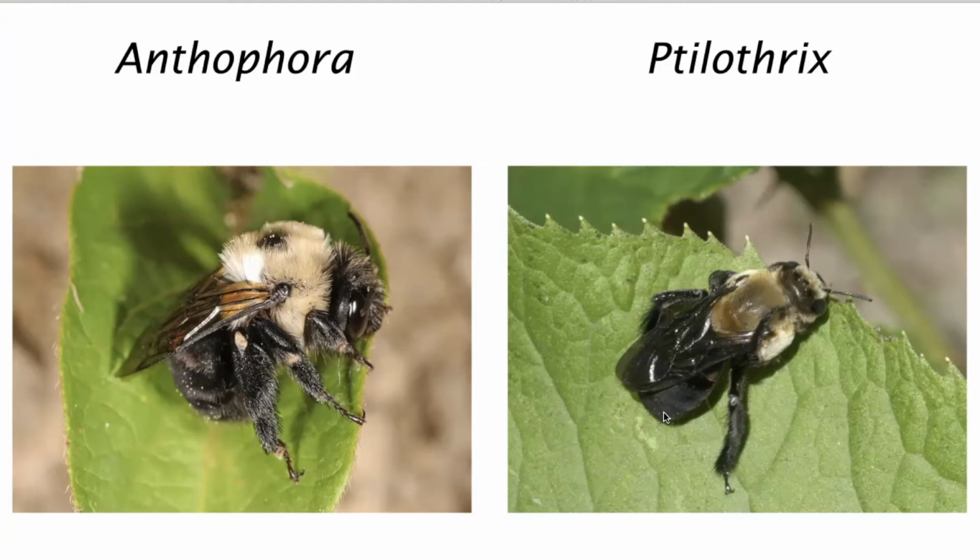But overall, you can see that they look really different. The hair on this is all over, where it's kind of shaggy on this one. This is overall a fatter bee, whereas this one's pretty skinny. The Anthophora has really long hair, whereas the Tylotrix overall on its body has really short hair. It almost looks satiny instead of hairy.